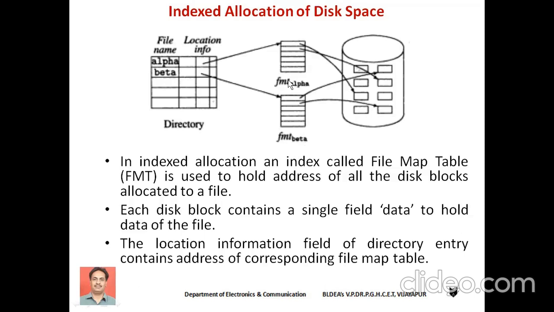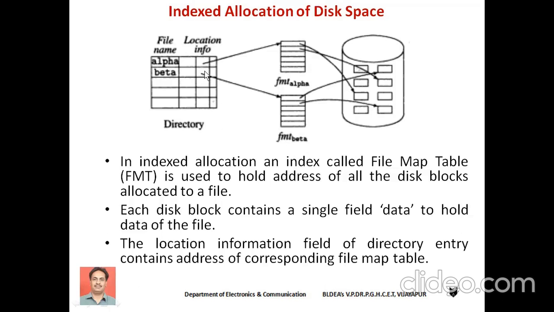Try to understand, students. Here FMT alpha will contain the address of all the blocks which are allocated to the file alpha, and similarly the file map table meant for beta will hold the address of all the blocks which are allocated to the file beta.